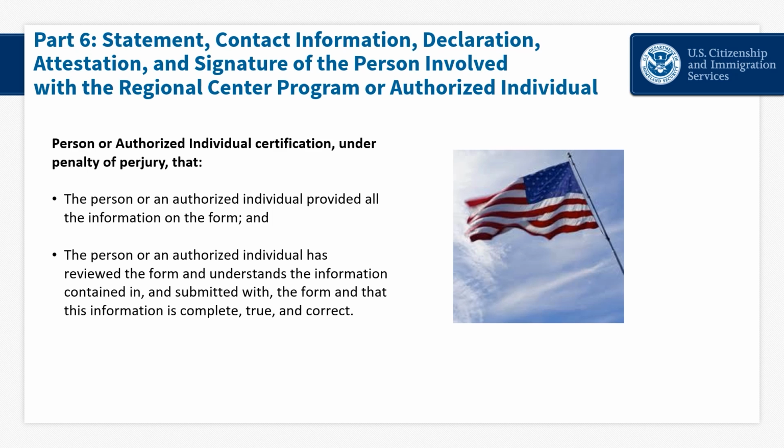If we accept the form, but then determine the signature is deficient, we will reject the registration. However, USCIS will consider a photocopied, faxed, or scanned copy of the original handwritten signature valid for filing purposes. The photocopy, fax, or scan must be of the original document containing the handwritten ink signature.